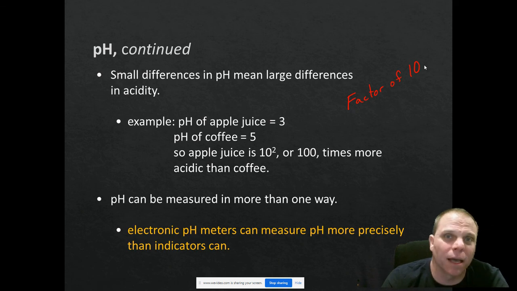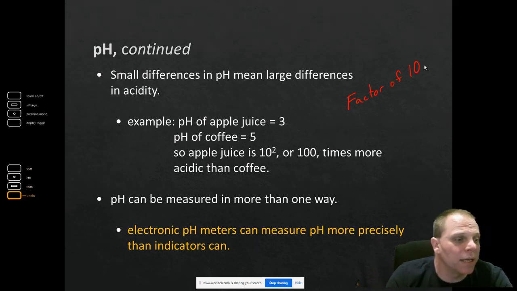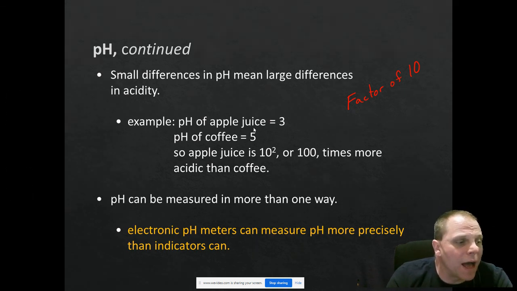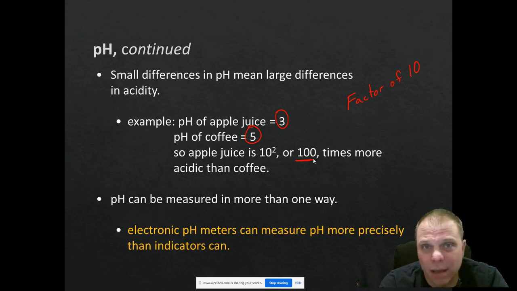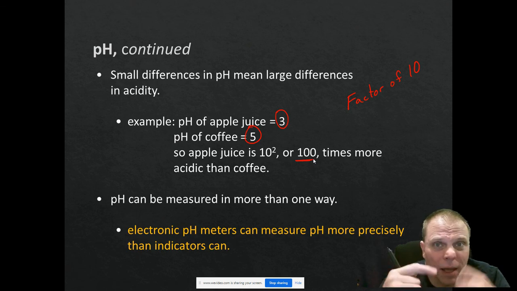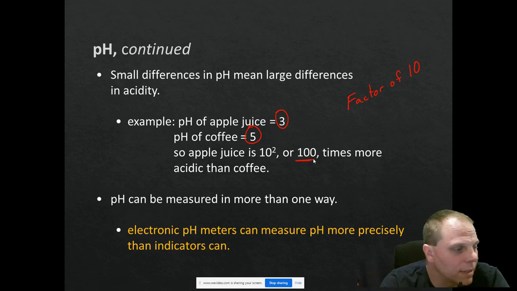It's a logarithmic scale. And so something that's a pH of 5 and a pH of 3 have 100 times difference with each other. Okay, so apple juice is going to be 100 times more acidic than coffee because it has a pH that is 2 values different, but each value is 10 times that, right? So it's going to be 10 times 10, which is 100.